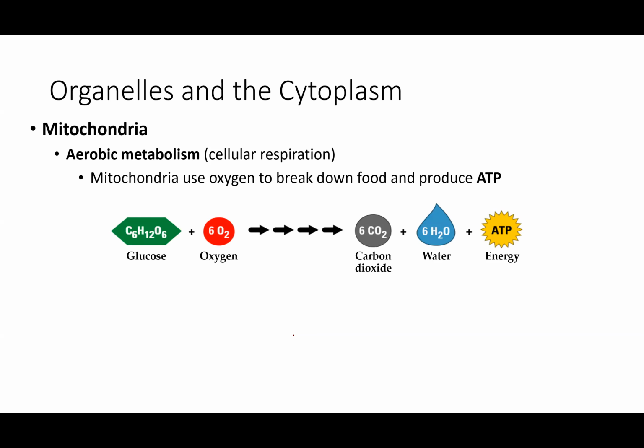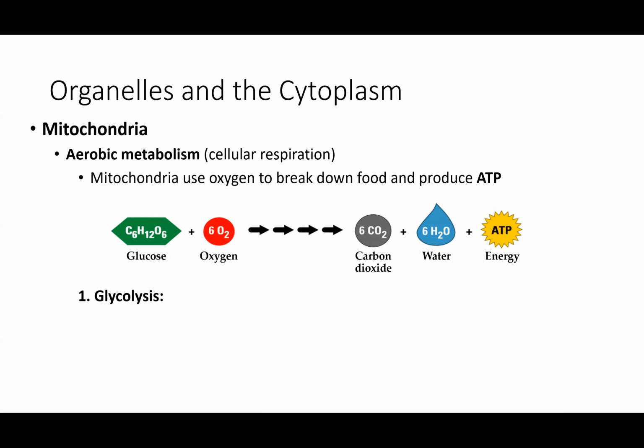This is as much as you will need to know for this chapter as far as metabolism is concerned, but you do need to know this general equation. Glucose, C6H12O6 plus oxygen, you go through a series of reactions, releases carbon dioxide as a waste product, water as a waste product, and ATP as your energy molecule.